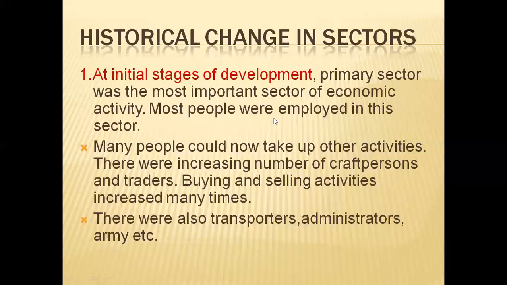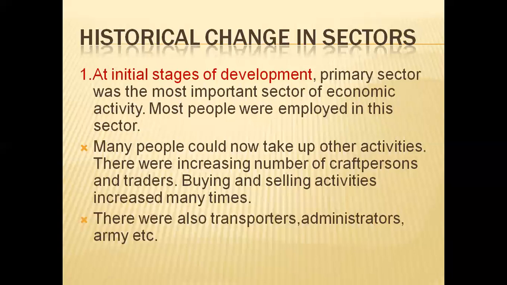So this was our primary sector with maximum involvement of people. Then there were craftspersons producing handicrafts, but not in that large number. Then there were people involved in the tertiary sector as well.